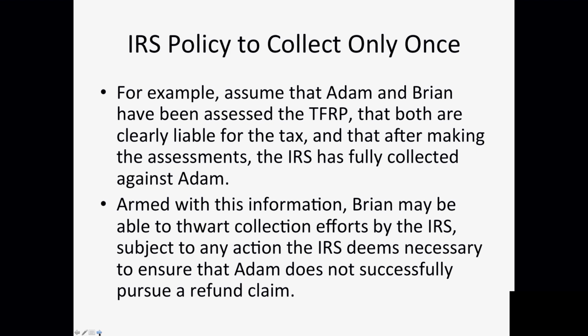So in this scenario, and this is the theme that has been carrying through this whole hypothetical, the IRS has a legitimate concern that Adam can pursue a refund claim.